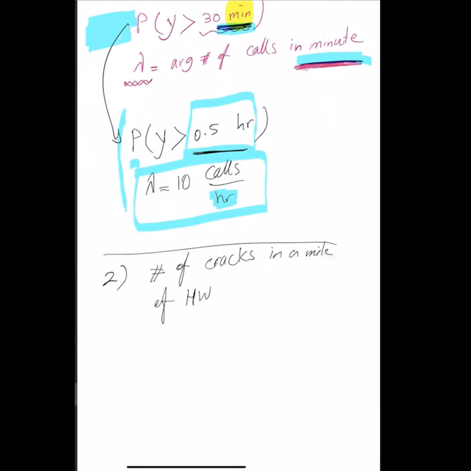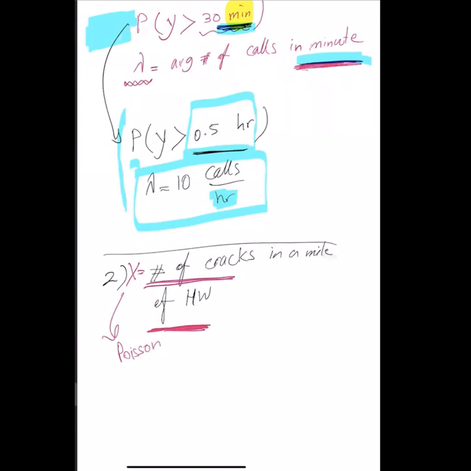First of all, tell me, what is this random variable? Number of cracks in a mile of highway. Poisson. It's Poisson because it's number of things in a measure of distance here. It's not time, it's a measure of distance. So I'm going to call this x, and this x is a Poisson random variable.